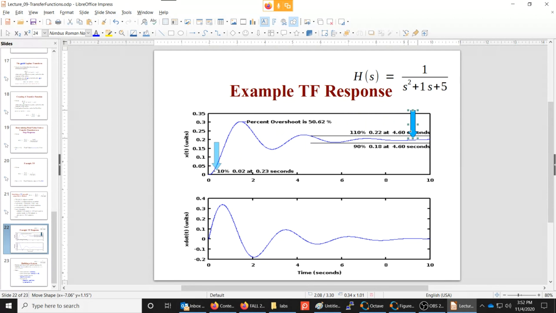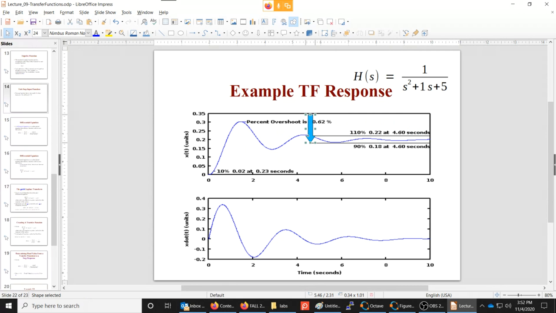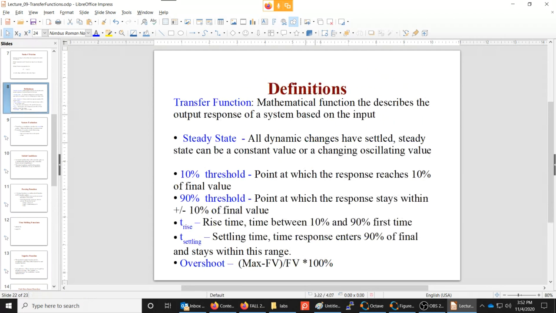When it crosses that 10% line, that's when we start measuring time. And we're going to measure time all the way here until we get over to here. That gives us our rise time.